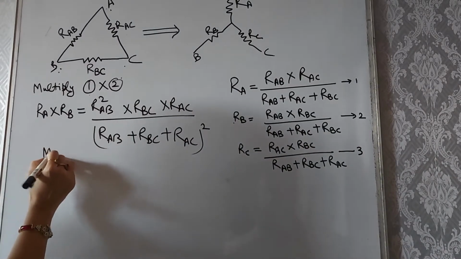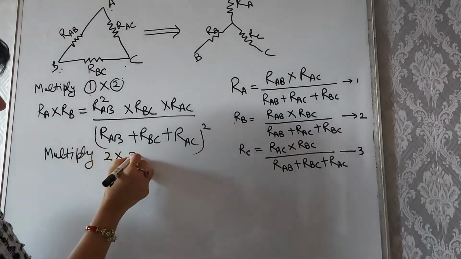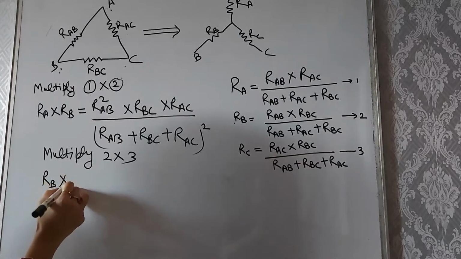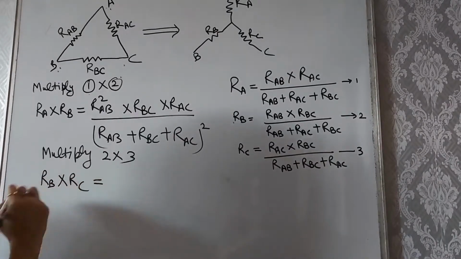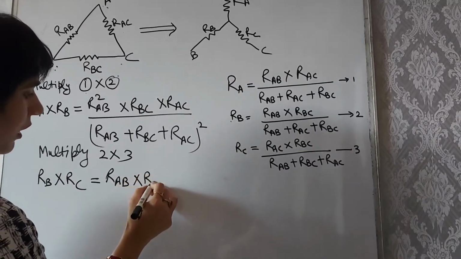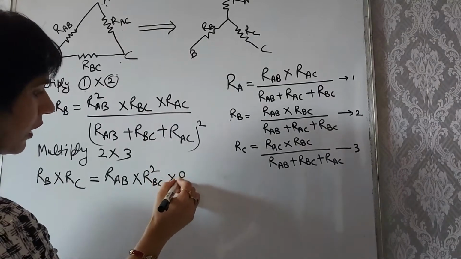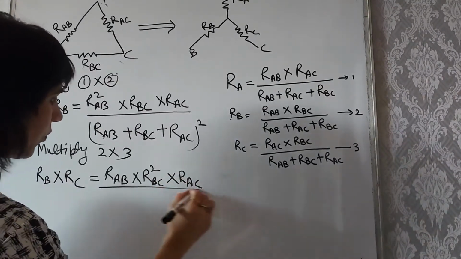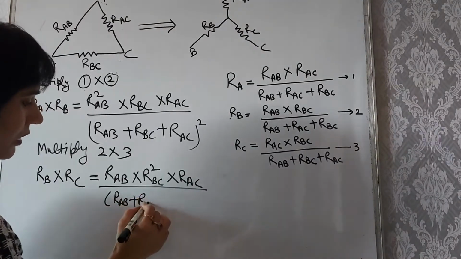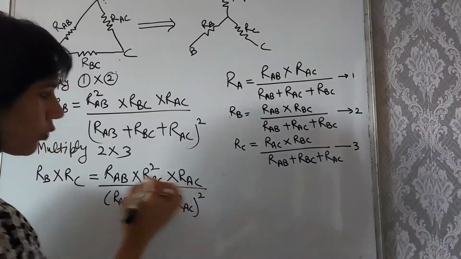Then multiply equations 2 and 3, we get RB into RC is equal to RAB into RBC square into RAC upon RAB plus RBC plus RAC the square.